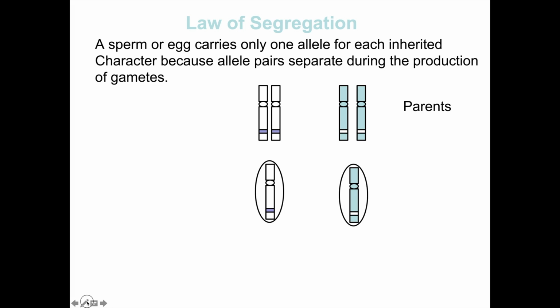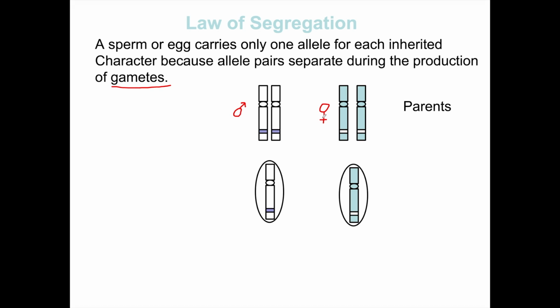What are gametes? Gametes are basically sperm or egg. So what it's saying is that during sexual reproduction, obviously let's imagine this is male and this is female, gametes, which are sperm or egg, are produced.